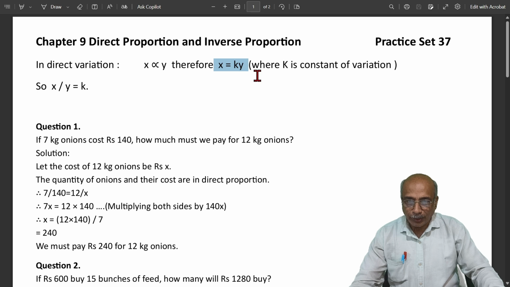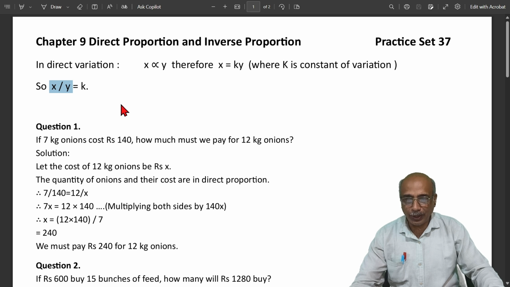In other words, x equals k into y means x by y equals k, where k is the constant of variation. K is known as the constant of variation. So if one is the quantity and another is the number, then quantity upon number equals quantity upon number. We'll come across this in the examples below.